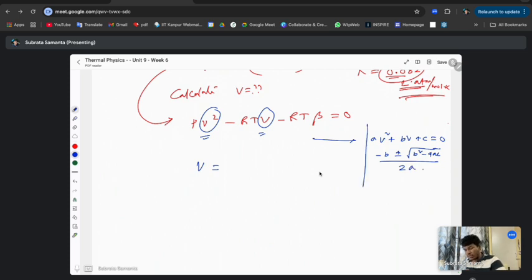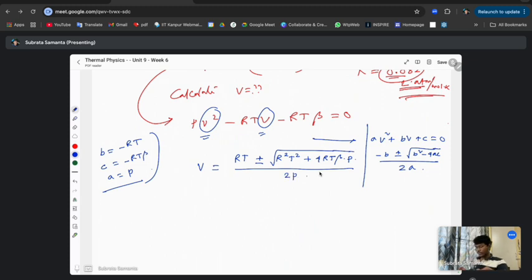In this problem b is minus RT, c is minus RTβ, and a is P. So if we plug these values in, V equals RT plus or minus the square root of R squared T squared, plus, because c is negative, 4RTβ times P, over 2P.